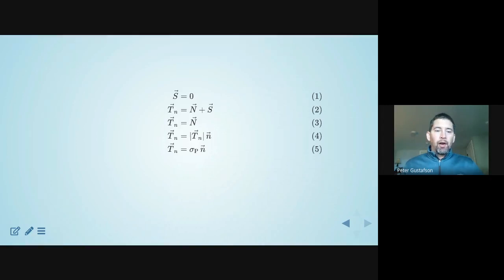So Tn is now equal to a magnitude times a normal direction. And last but not least on this slide, Tn is therefore going to be equal to something we're going to call sigma p times n. Now sigma p is just the magnitude of that normal component of stress. And of course, it is now oriented in the n direction.